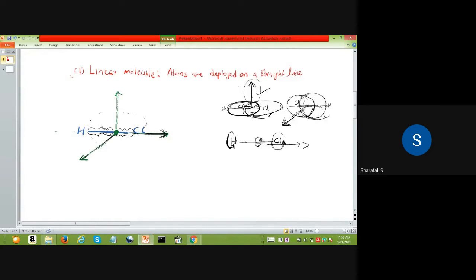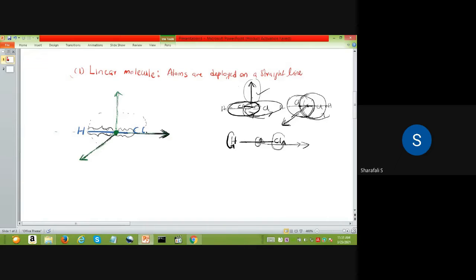Why? Because this chlorine atom and this hydrogen atom lie on this axis, so the perpendicular distance will become zero. As we discussed in the previous case for water molecule, we took the moment of inertia for that oxygen atom as zero because oxygen lies on that axis A, okay?